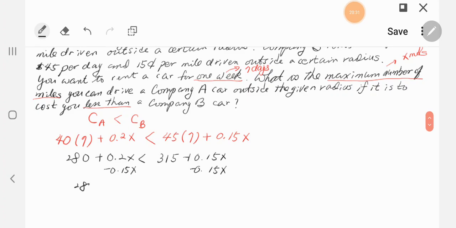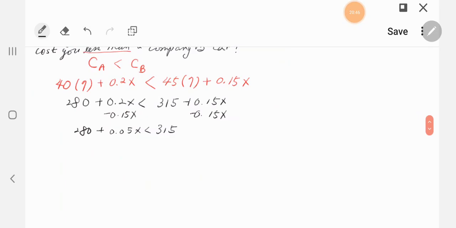Then 280 plus 0.05x is less than 315, right? Now we need to get rid of this 280, so minus 280 on each side. Then 0.05x is less than 35.